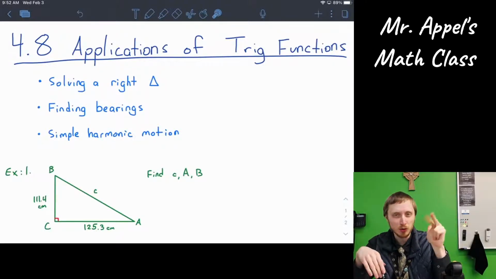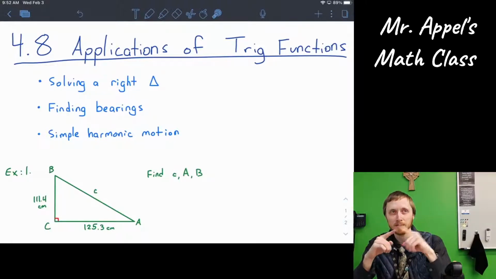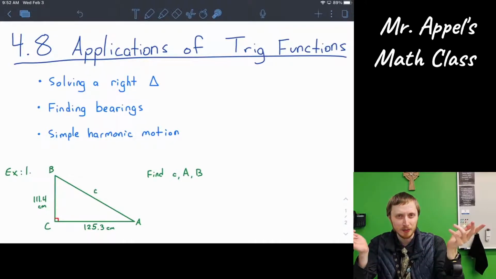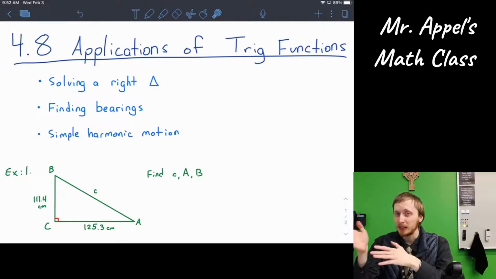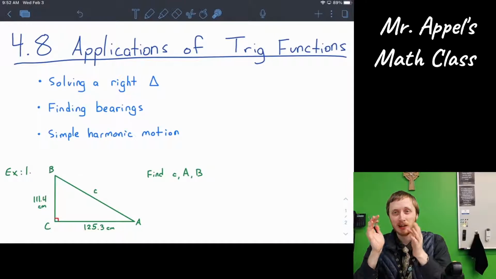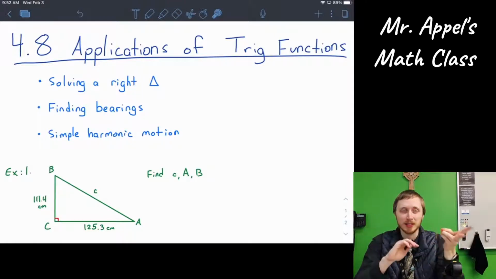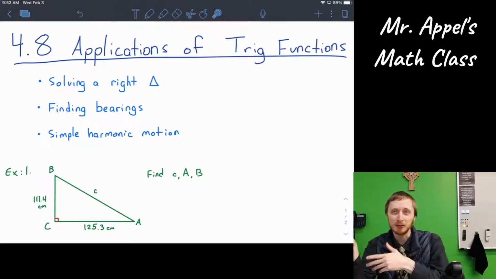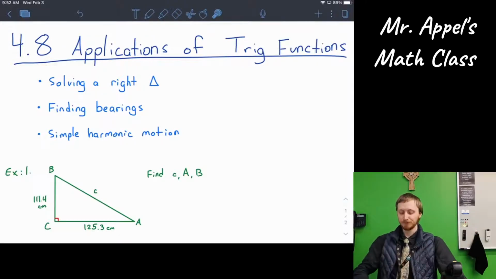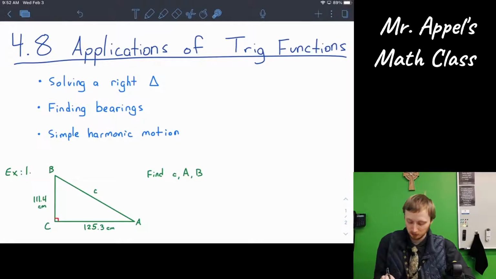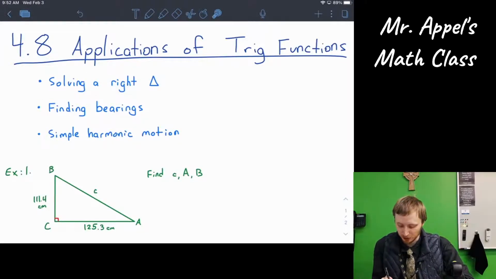And then as long as you have 2 other pieces of information, a side and an angle, if you have one of each, you can find pretty much any of the rest. That's the case, yes. Next chapter, we will get to see what we do if you only have 2 of the sides, or if you have all the angles but none of the sides, right? What do you do then? So right now, a lot of things break down to solving a right triangle just with the trig functions.